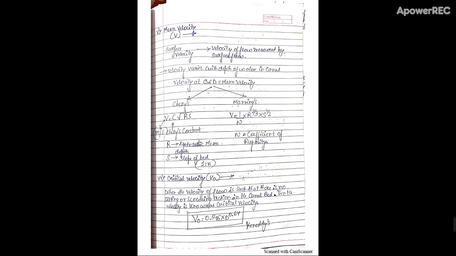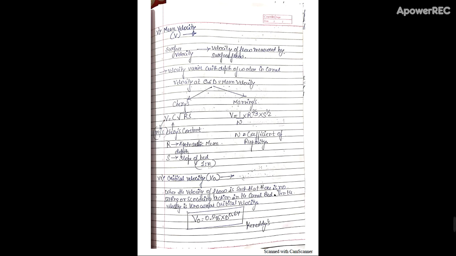So which velocity would you consider in designing the canal? That is a big question. At which depth would you be calculating? You can take it at the top or you can take it at the bottom. At the top you would have the maximum velocity, and at the bottom you would have the minimum velocity. If you design for minimum velocity, the canal section would be insufficient, and if you design for the highest velocity, the canal section would be uneconomical, the cost of the canal would increase.